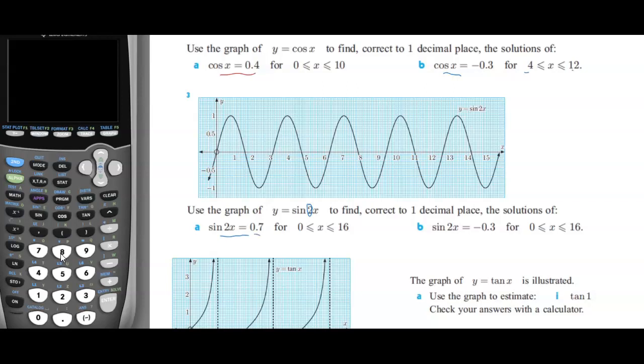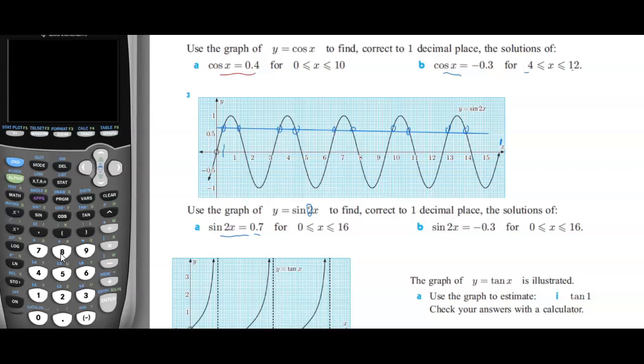Let's see. We're going to draw this side of the equation, 0.7. Sorry, it's not really straight. And then we're going to go from 0 through 16. 16's here. So how many solutions will that be? 1, 2, 3, 4, 5, 6, 7, 8, 9, 10 solutions.